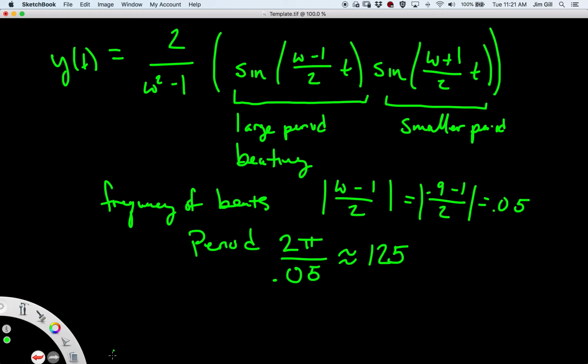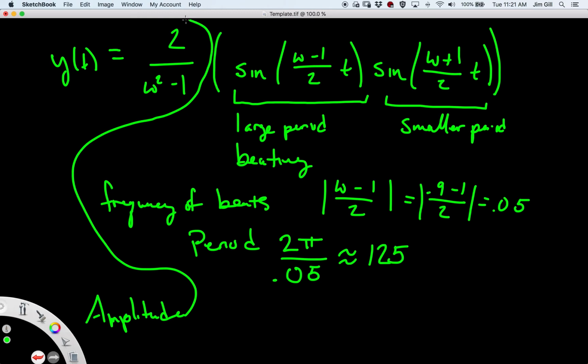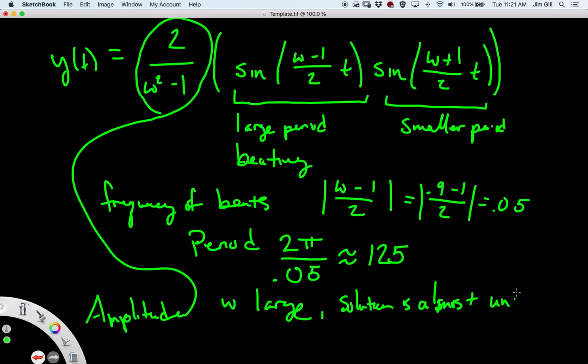So now the other thing we can talk about here is the amplitude. And that's related to this term right here, right? When we have omega large, then the solution is almost unforced.